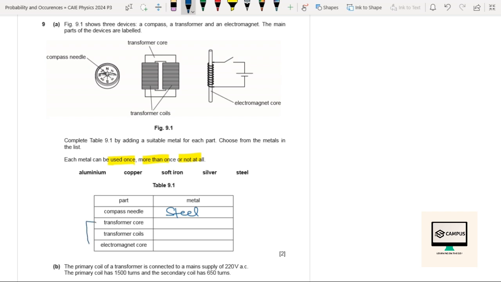Okay, I'm going to deal with the transformer core and electromagnet core collectively. Both are similar in the sense that wire is wound around them, and they enhance the permeability as well. So the material should be ferromagnetic, and the choice should be exactly opposite to that of the compass needle. It should be a material whose magnetization diminishes instantly as the voltage across it is removed.